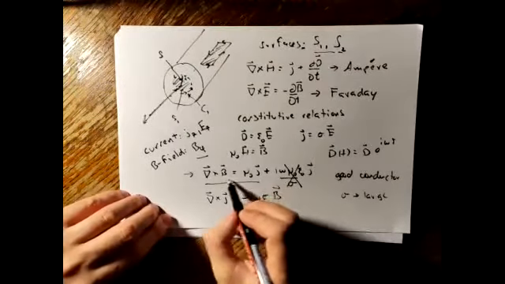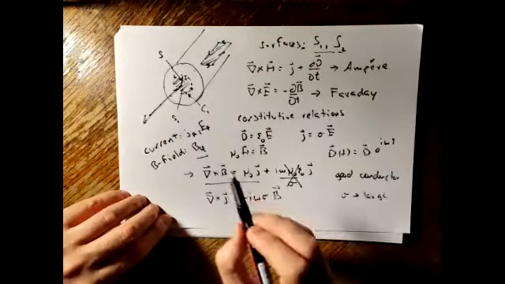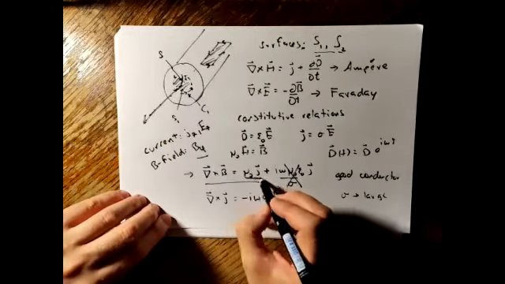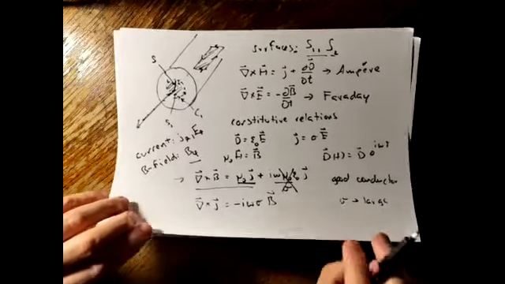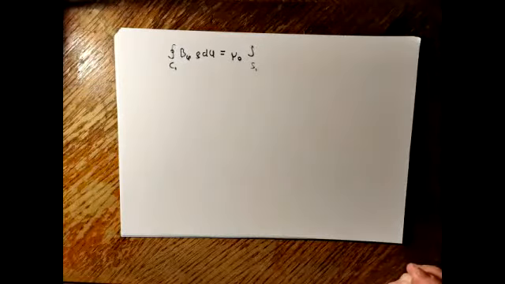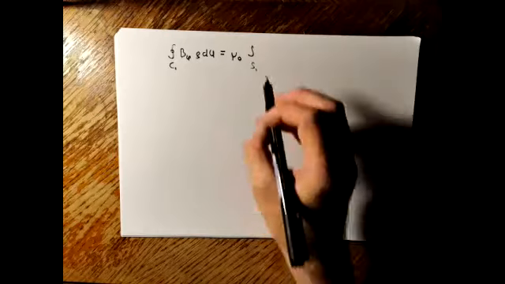So this is the C1 contour, this is S1. Over this surface, this is going to be a kind of flux, the amount of current. J is current density, so this is going to be the current flowing through that surface.